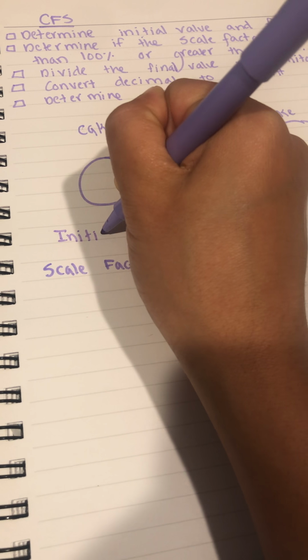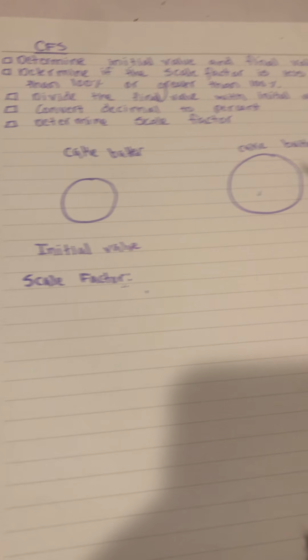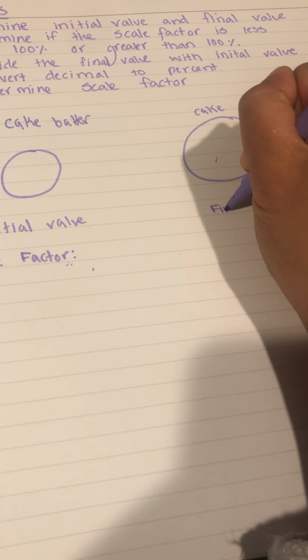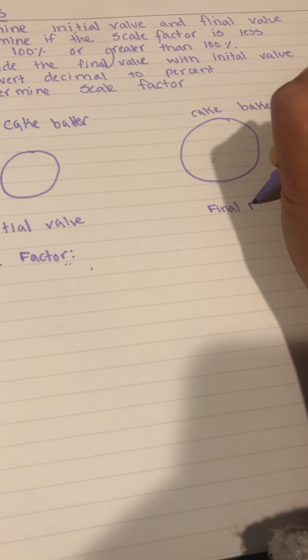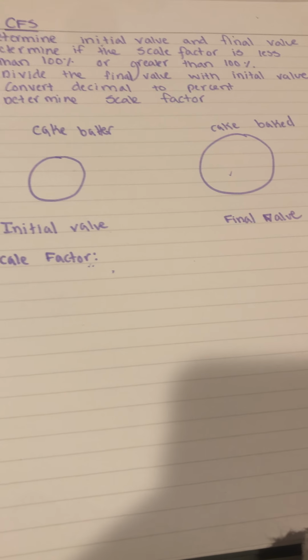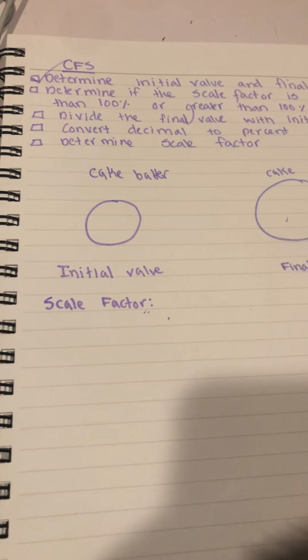Initial means the original value. And the cake baked obviously is the final value, so after it got bigger. So this is my final or the new value. So the first thing I did was I determined what's the initial, what's the final.